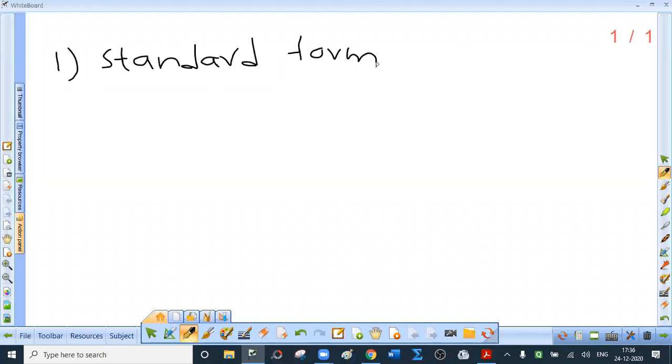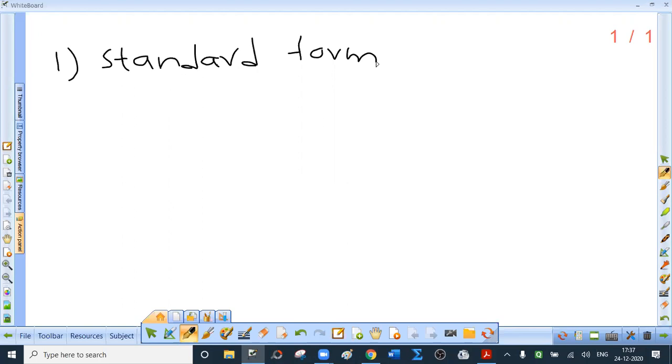Of course, that doesn't mean that remaining are substandard. So what is the meaning of an equation in standard form? I repeat that, an equation in which the least number of arbitrary constants is involved is called as an equation in standard form. Of course, for this, we have to make proper choice of coordinate axis.